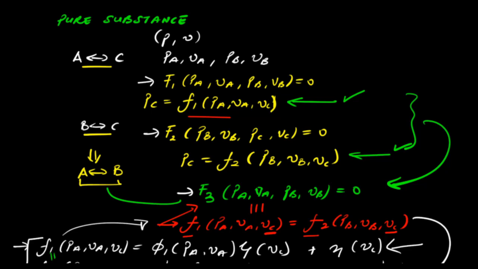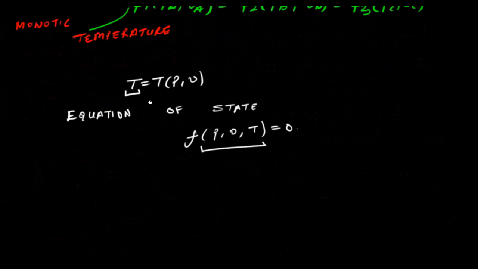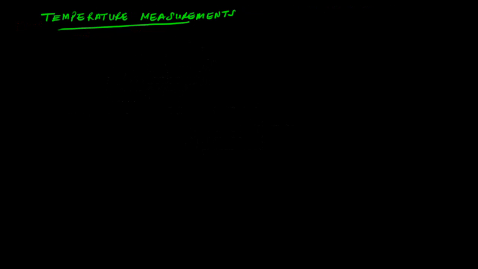But we have six variables, that means pressure and specific volumes of systems A, B, and C. So the remaining three equations come from the equation of state, and that's why there must exist some functional relationship between the temperature and the pressure and the volume. So the zeroth law tells us that there exists a property that we call the temperature, which is equal when two systems are in thermal equilibrium. And the zeroth law forms the basis of temperature measurement.